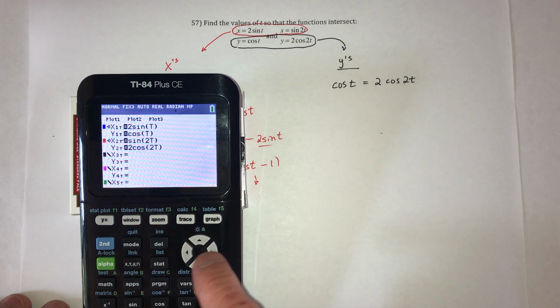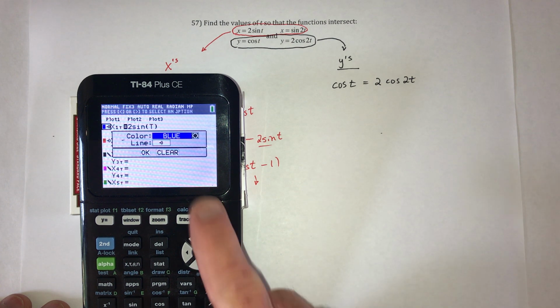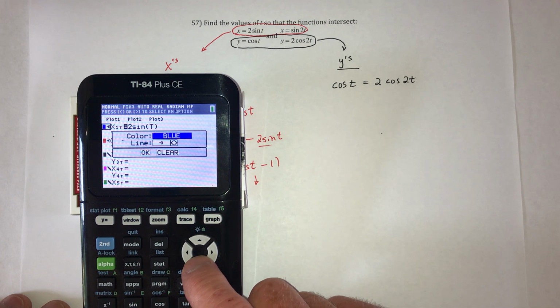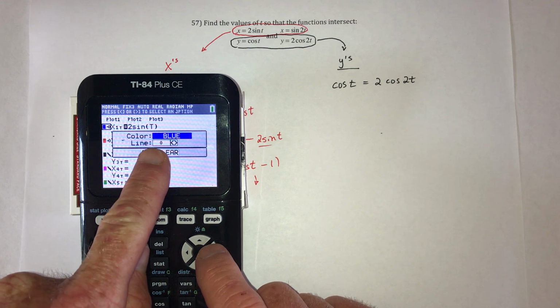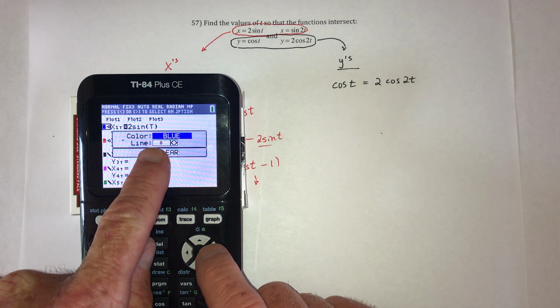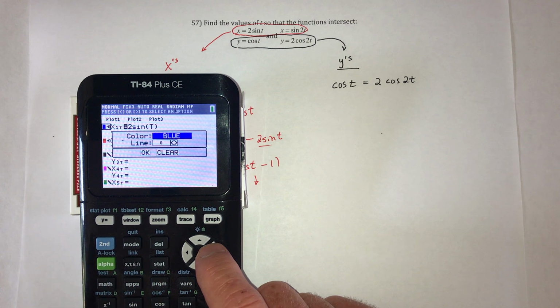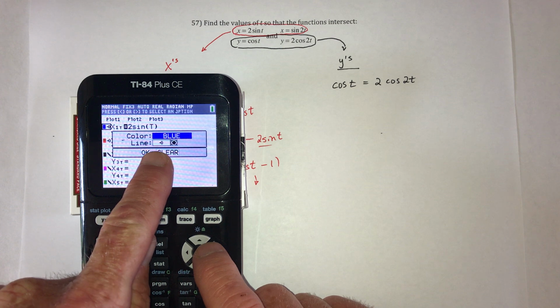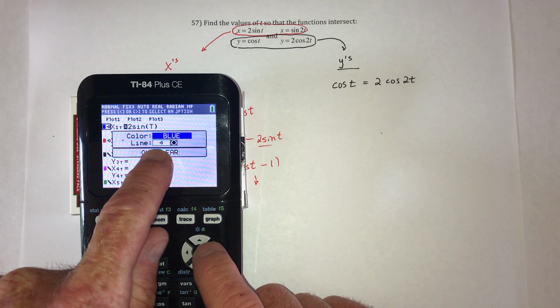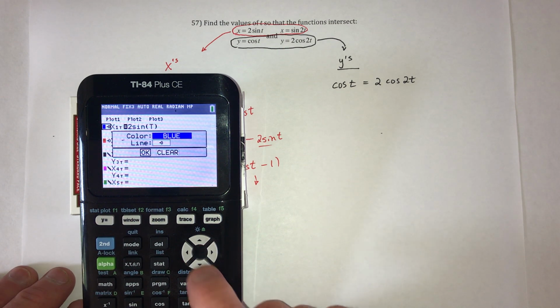So in order to change it to that, you go over to the left until it's highlighted, pick the color that you want, and then move the cursor down, and as you press the right arrow, it'll go through the possibilities. So this would be like when you see a baseball go through the air, you can see the ball itself, but you can't see the path behind it. This one will look like a baseball going through the air, but with the path behind it. So that's the one that I want.